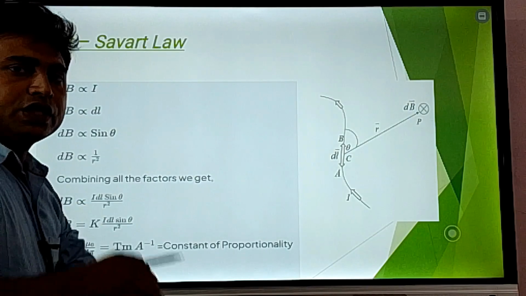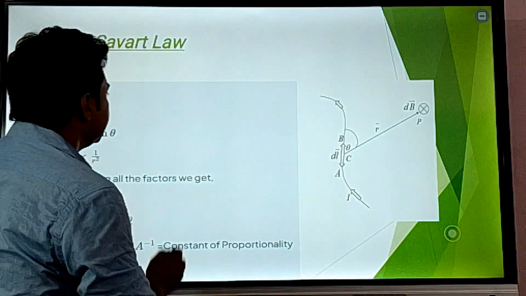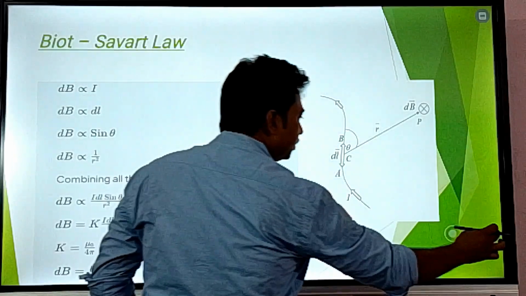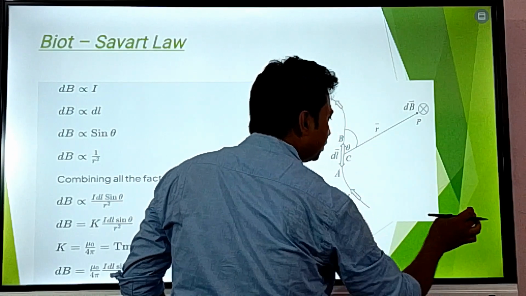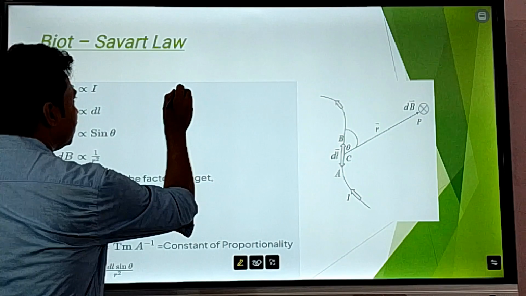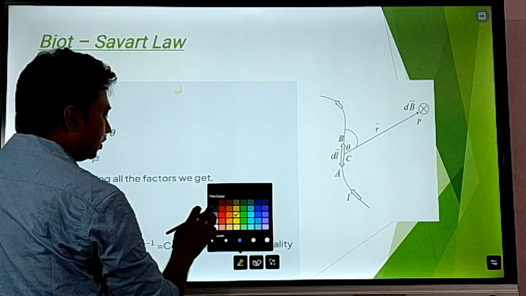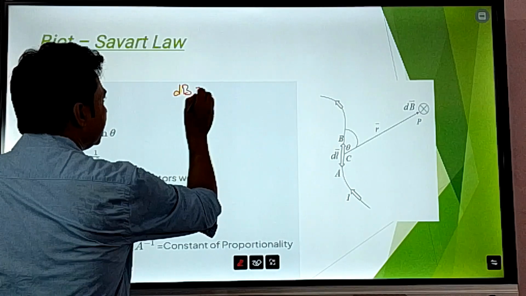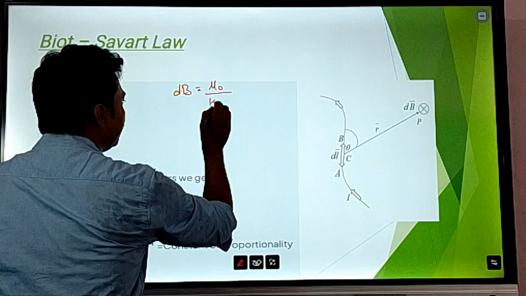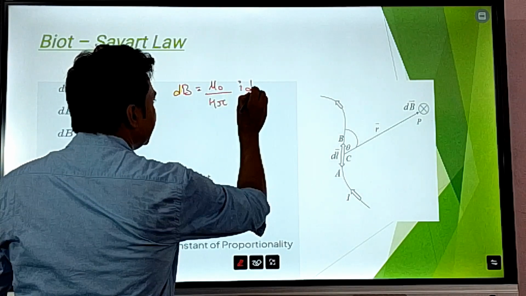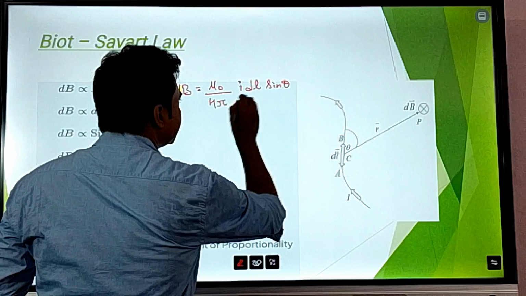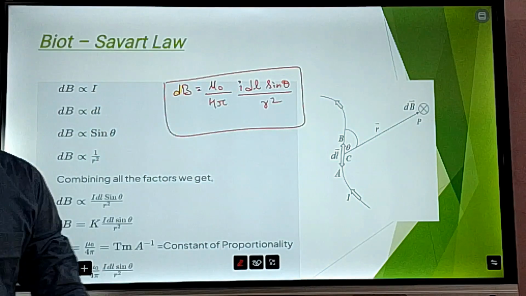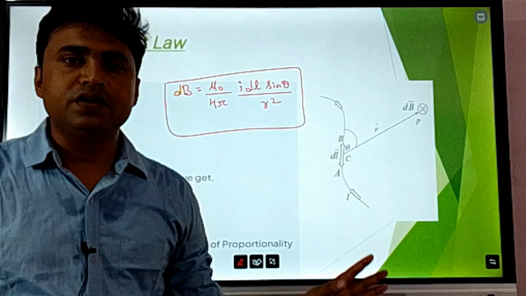So we have the expression dB equals mu naught by 4 pi I dl sine theta by r square. This is our final expression for the Biot-Savart law to find the magnetic field at P.